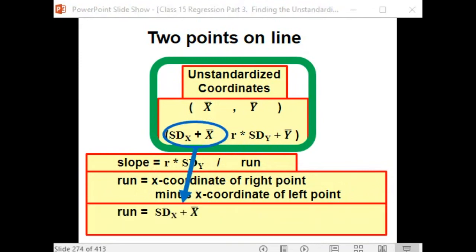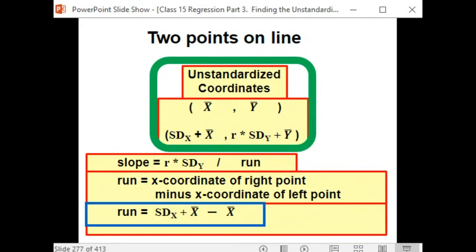So the run is equal to the coordinate of the right-hand point minus the coordinate of the left-hand point. So the run is equal to the standard deviation of x plus the mean of x minus the mean of x.